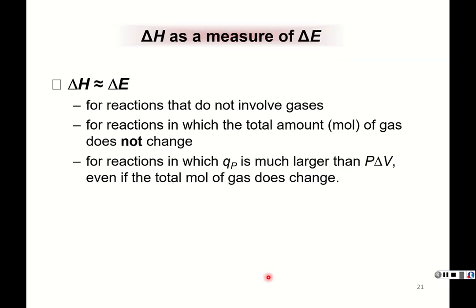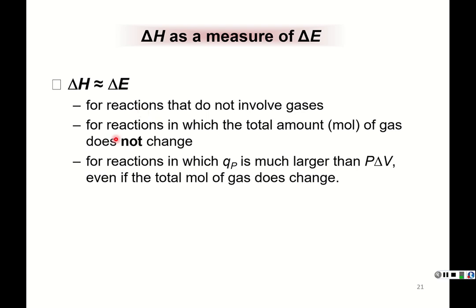Okay. We can use this. Why do chemists use this? It's sort of a quasi measurement of the energy of a system. And this is true when the reactions aren't involving gases, because if you don't have gases, you're not changing in pressure or volume.